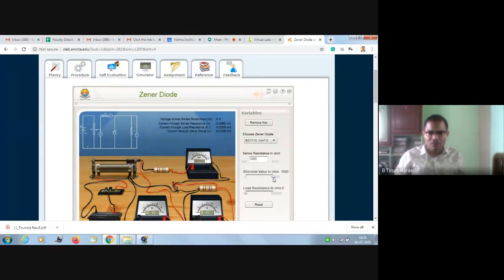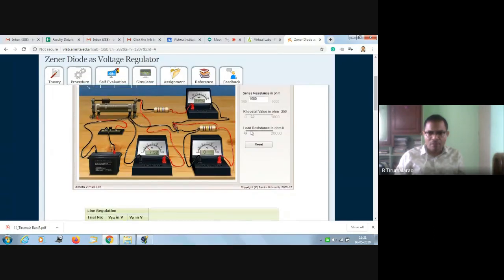You can arrange the rheostat value from 0 to 250, and the load resistance you can vary. Okay.